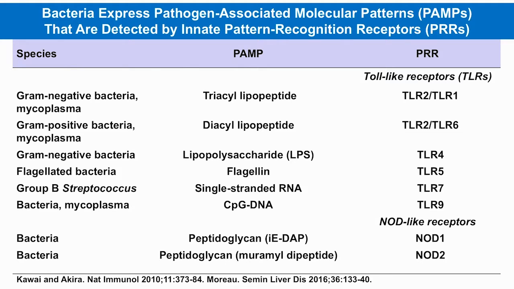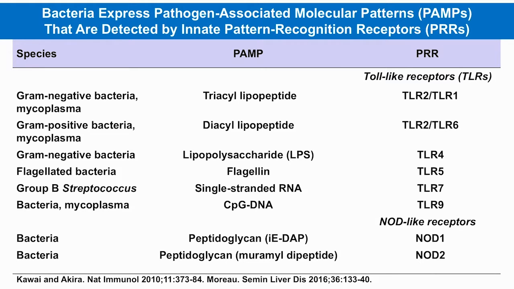Gram-positive bacteria express diacyl lipopeptide, which are recognized by dimers of TLR2, TLR6. Gram-negative bacteria also express lipopolysaccharide, referred to as LPS, which is recognized by TLR4, etc.